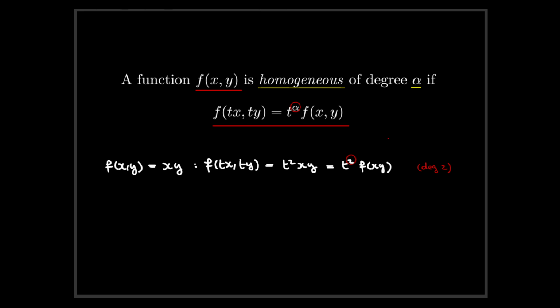So this here is a degree 2 homogeneous function. Another example of a degree 2 homogeneous function could be, for instance, if we took g of xy equal to, let's say, y squared, because then if I take g of tx, ty, this would be t times t times y squared, which is t squared y squared.